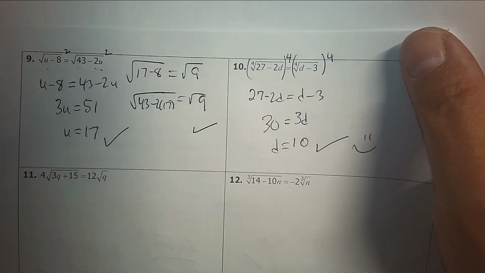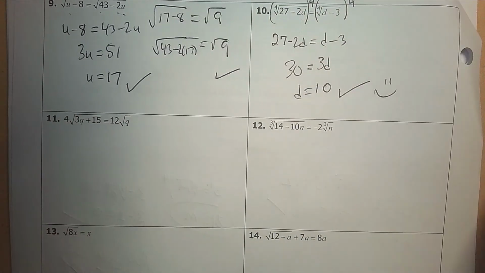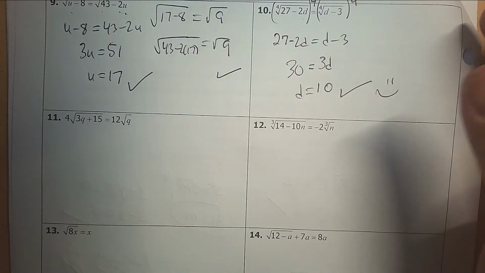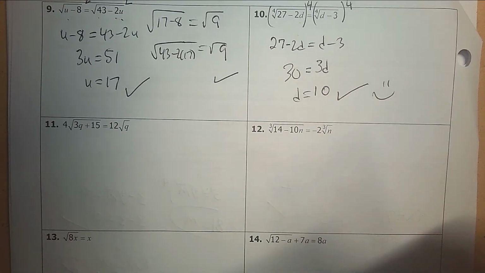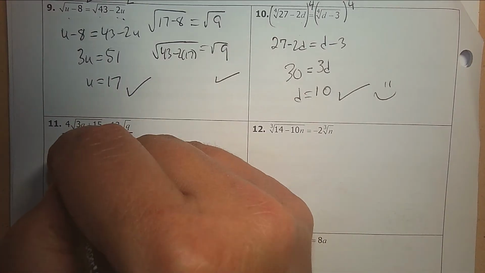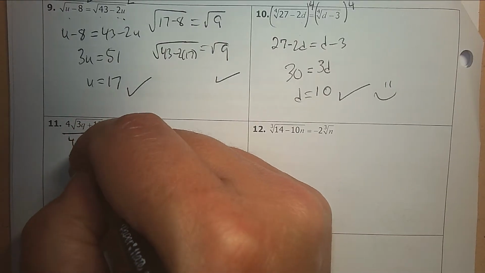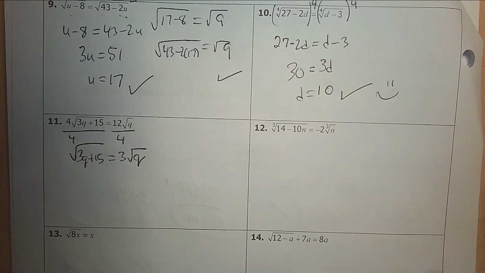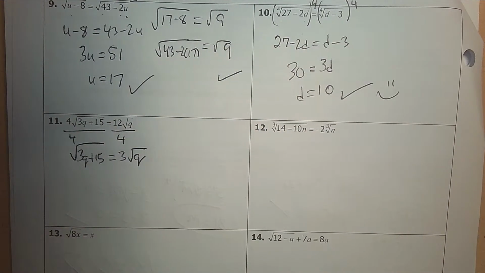Number 11. Alyssa, what would be a good first step? Divide by 4. I like that. What would you do next after you divided both sides by 4?